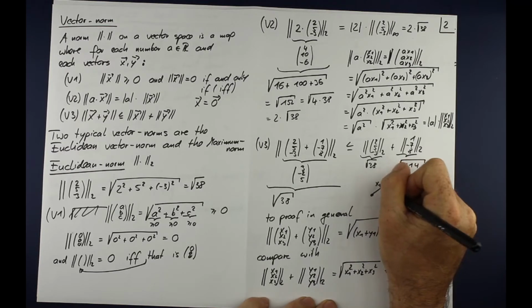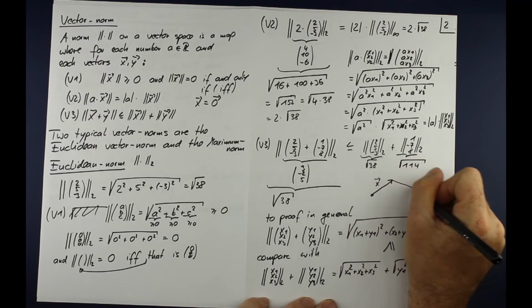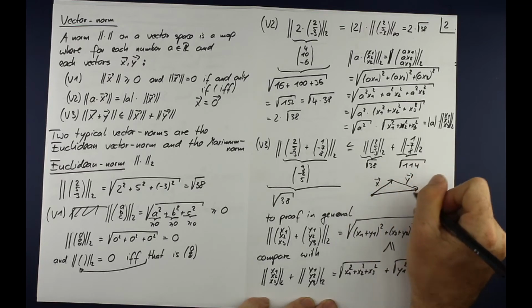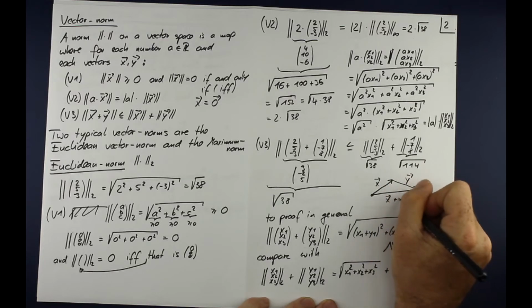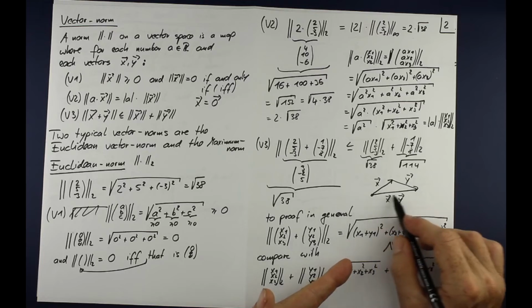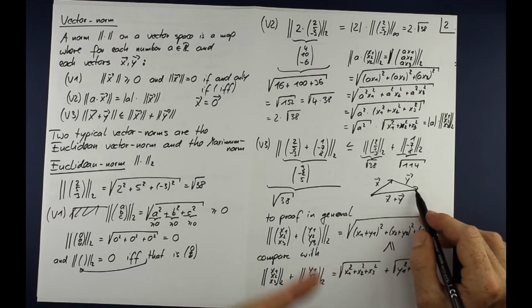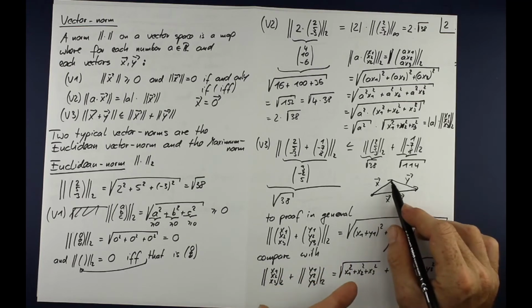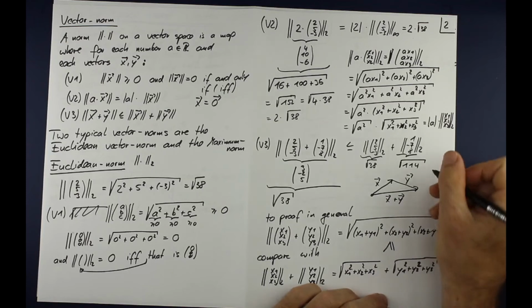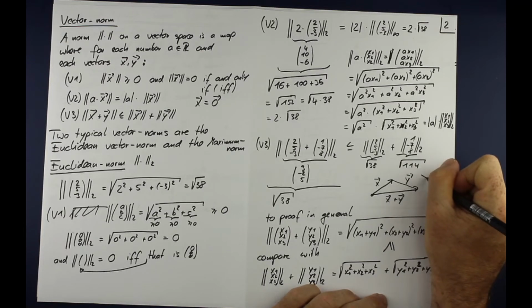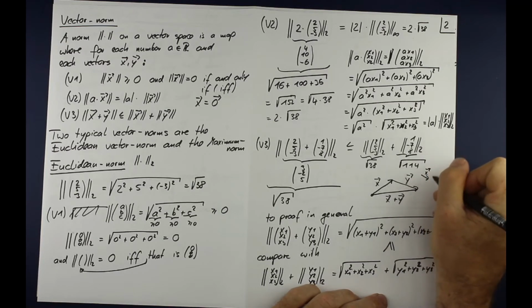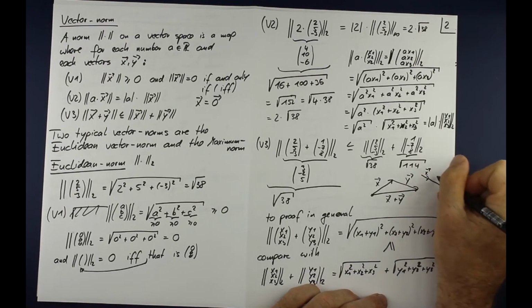If this is x and this is y, then this is x plus y, and the length of x plus y is never more than the length of x plus the length of y. It is possible that they are equal if that is x and that is y.